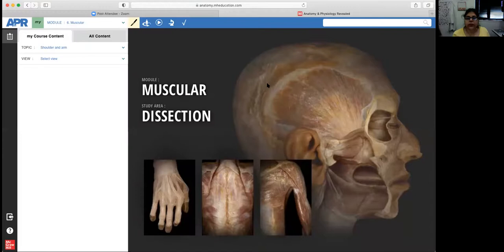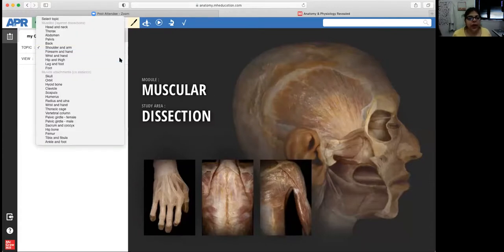All right. So we are starting with the shoulder and arm, okay?